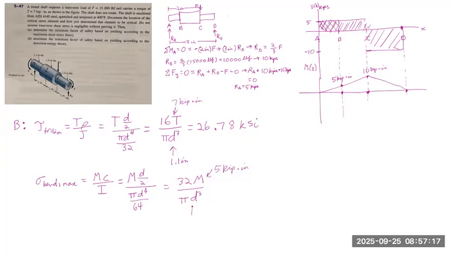And for the diameter, again, we use 1.1 inch, since again, that is the critical smaller diameter for location B. 32 times 5 over pi over 1.1 cubed is equal to 38.26 KSI.